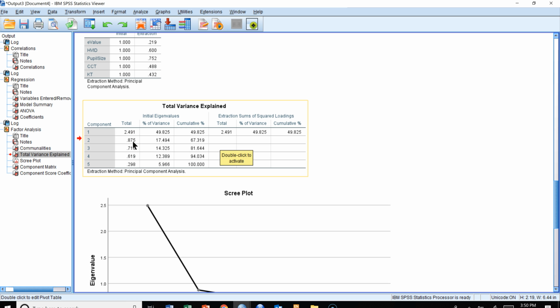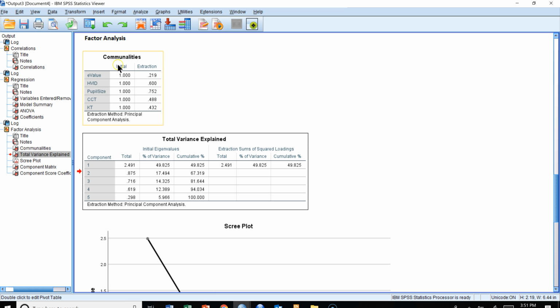So it doesn't really do us any good to have an eigenvalue that's less than or equal to 1. So in this case, these 5 variables, E-value, HVID, pupil size, central corneal thickness, and keratometry, all add up to 2.491 eigenvalues, 50% of the variance is shared.